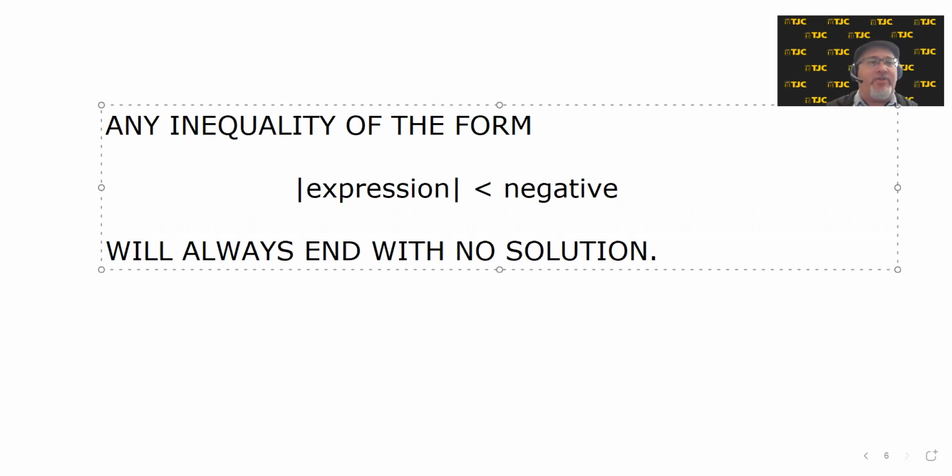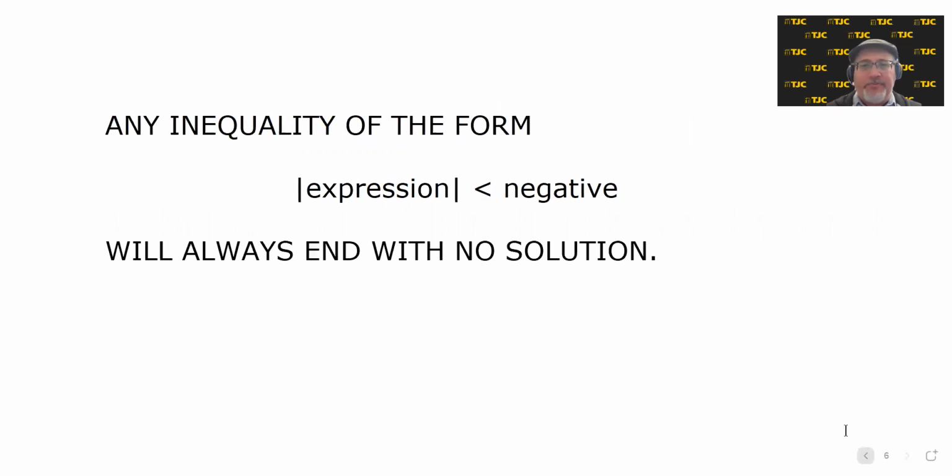Absolute value is non-negative. There's no way it can be less than a negative number. So that's nice. It shuts it down before it begins.